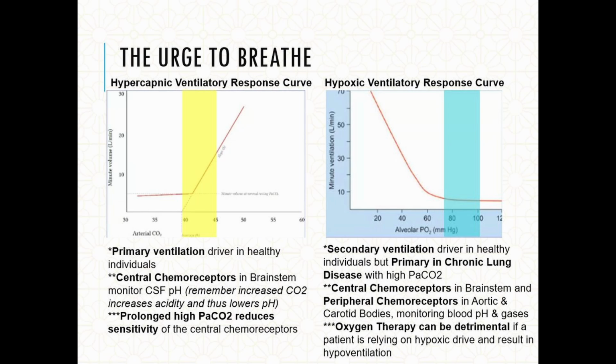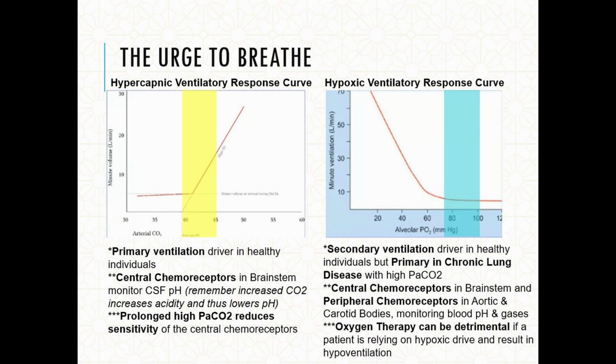They will hypoventilate even more, which means they're not breathing off the CO2, so CO2 increases even more in their blood, increasing the acidity of their blood and reducing their pH even lower. That can become quite a dangerous acidotic state if we as health professionals are not across this hypoxic urge to breathe and the impact of putting them on oxygen therapy.